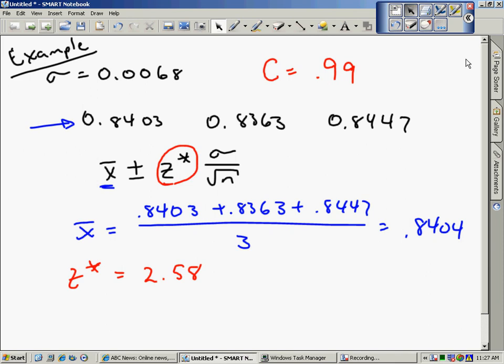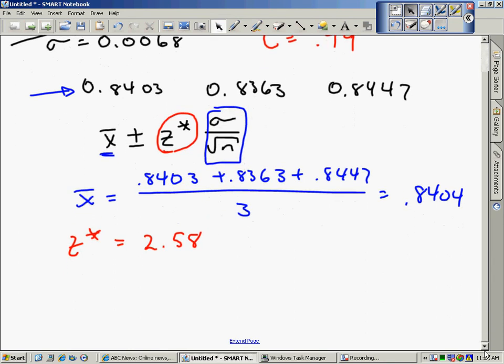Then I'll use the given information to fill in the rest of the equation. So again, my equation is x bar plus or minus z star times sigma over the square root of n.